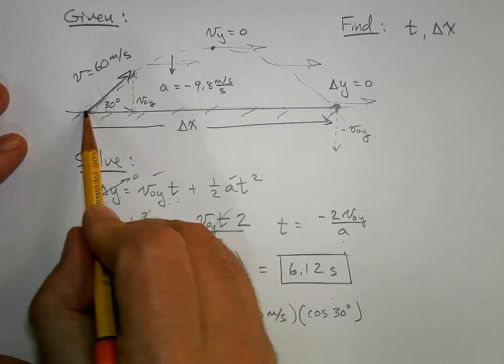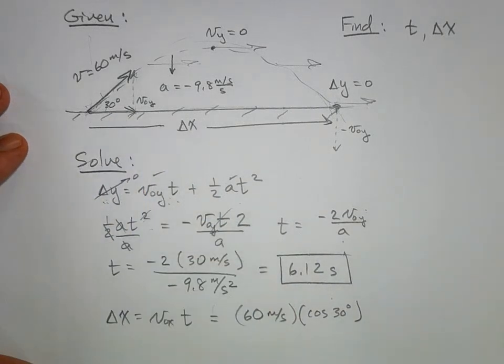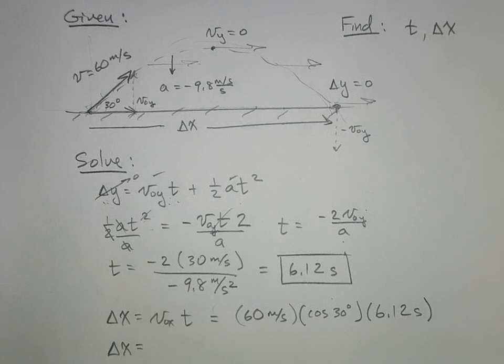That's the horizontal component of my initial velocity, times a time of 6.12 seconds. And so it's about 30 meters. What'd you guys get? Oh, wait, I'm sorry, 300 meters. 300 meters. What is it? 318? Okay.